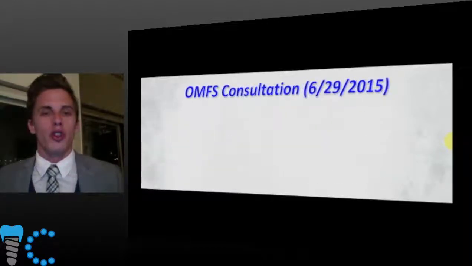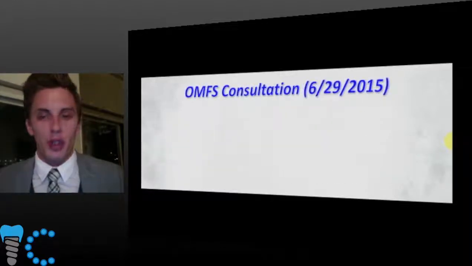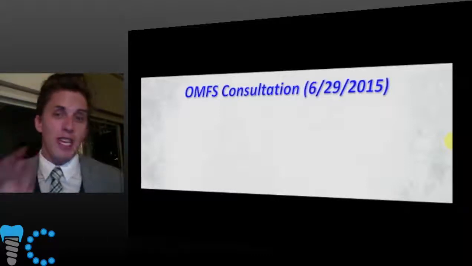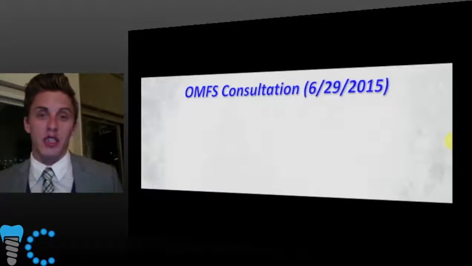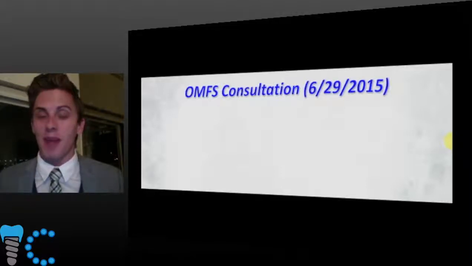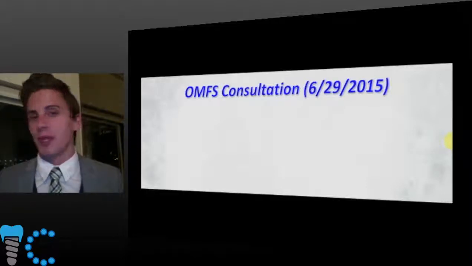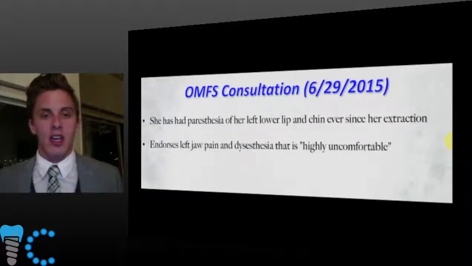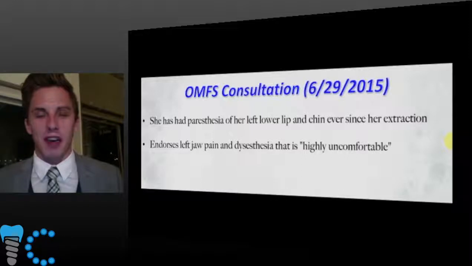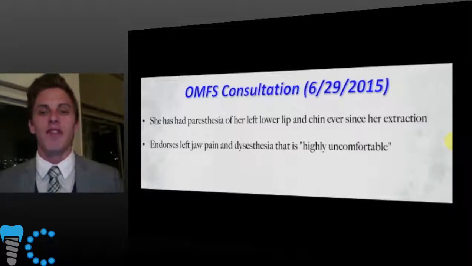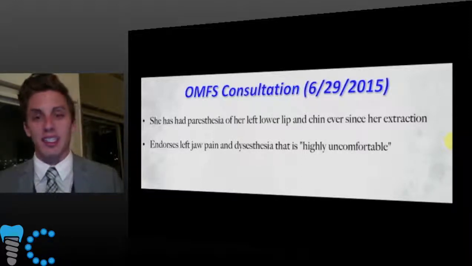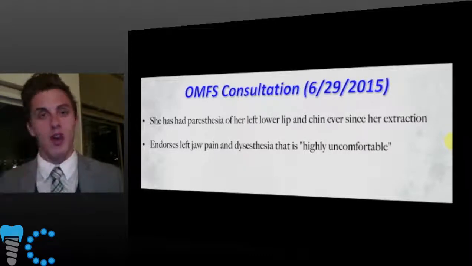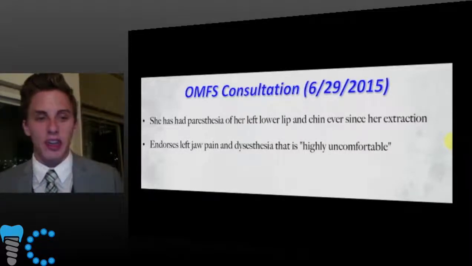So we were consulted in June 2015, so that's 3 months after injury. So again, just make note that 3 months is a long time to have a consultation for potential anesthesia or paresthesia. So again, she did have paresthesia of the left lower lip and chin since the extraction. So 3 months has gone by and now we're seeing her.